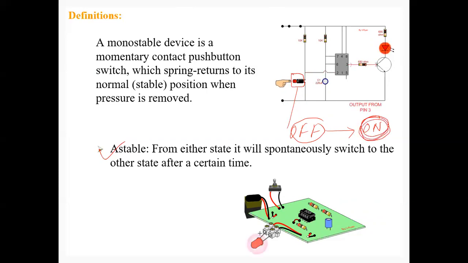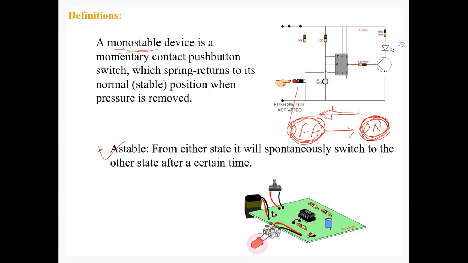Then after some time, it will come back to off. You see that? This guy pushes the switch, and you can see the light glowing here. The light is up, but after some time it comes back again because the stable state is off. That's why even though you turn it on, it comes back to the off state again. That's the monostable device.